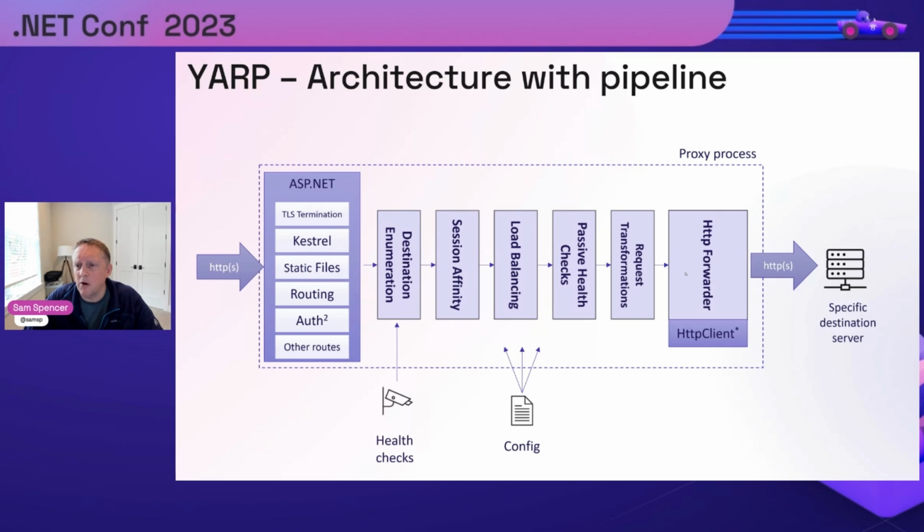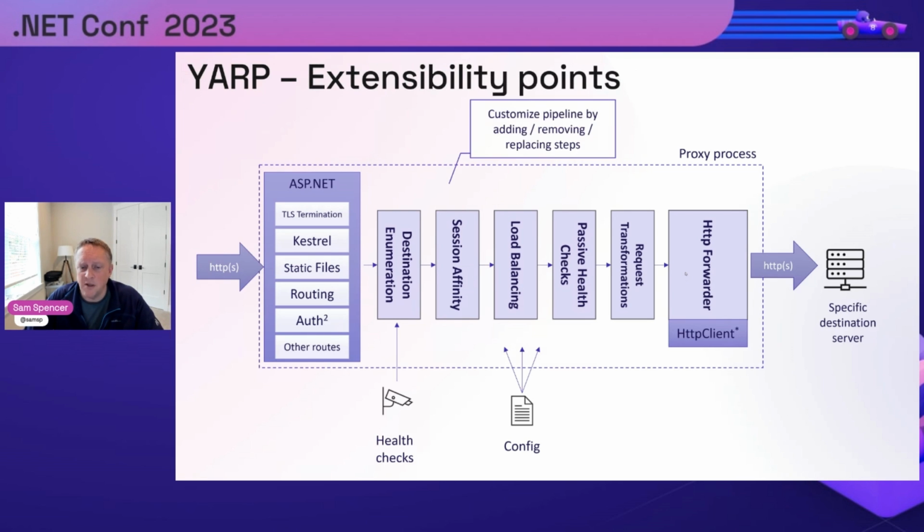I said that YARP was highly customizable, so let's look at the extensibility points. We are a pipeline, so each of these individual steps is a module in YARP. You can write your own modules and insert them in between any of these, or you can replace these modules with your own custom implementation if you want.